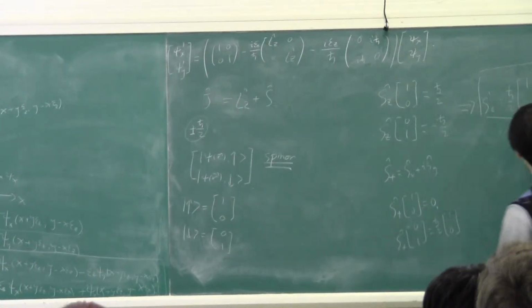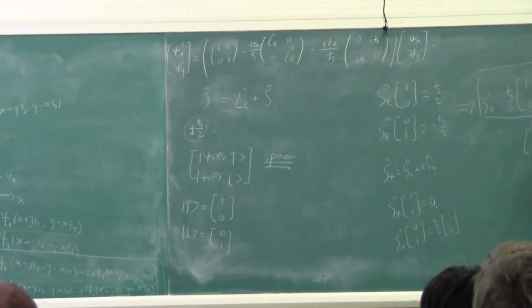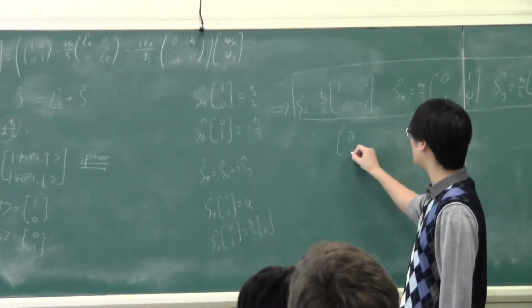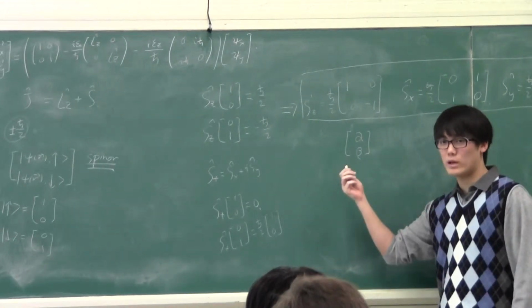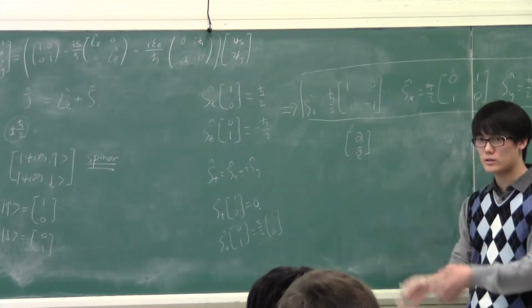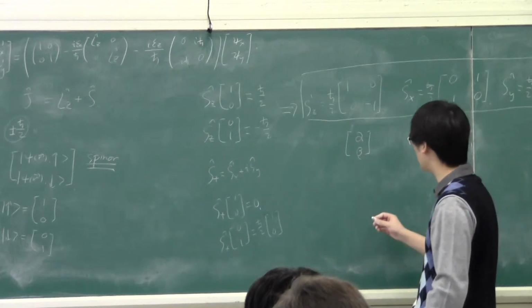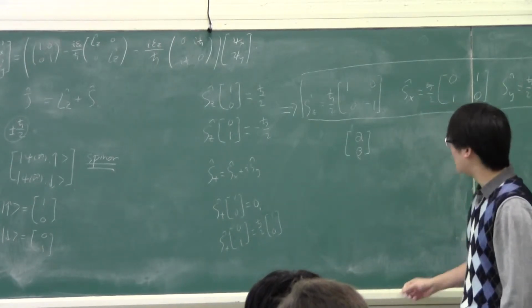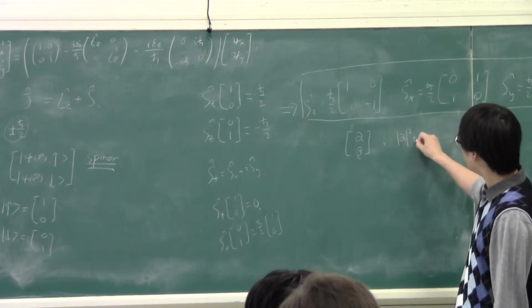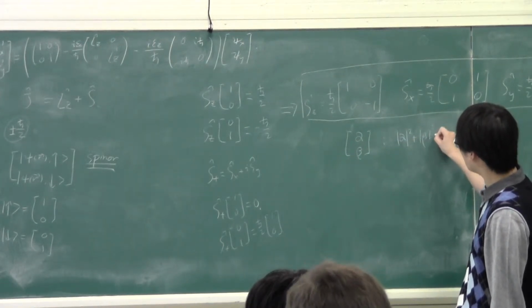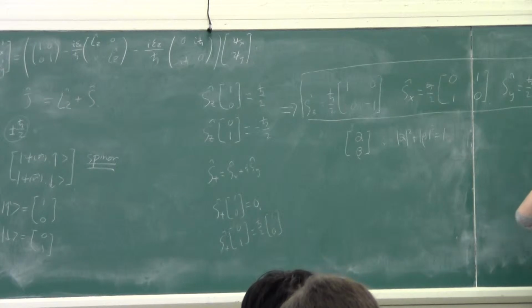So it's certainly true that I can write for an arbitrary spin state, maybe alpha and beta here, okay? And alpha being the amplitude in the up spin direction and the beta the amplitude in the down spin direction. And the only requirement I have on this is alpha squared plus beta squared is 1, correct?